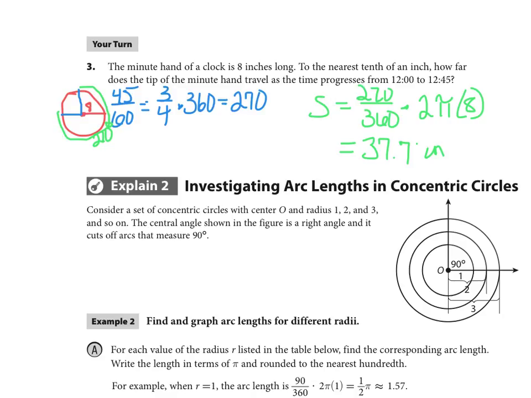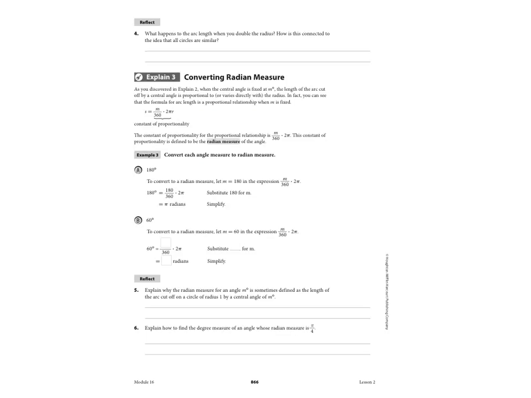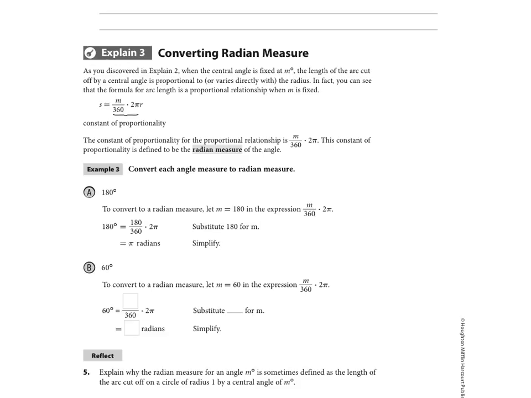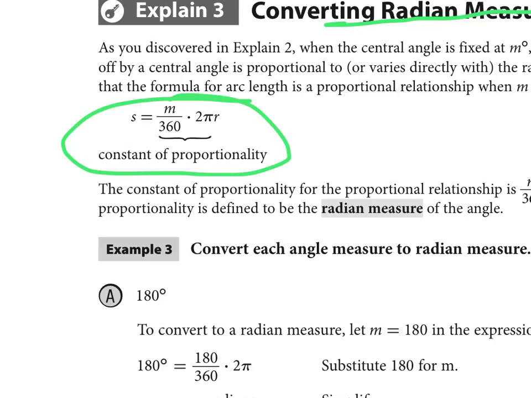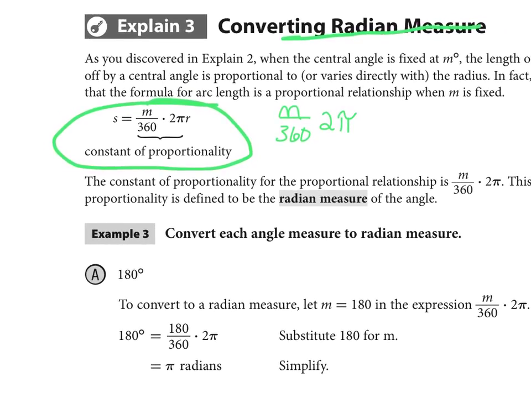On the next page, they're talking about converting radian measure, and at first, you can see constant of proportionality. Okay, and what they mean is this part of the formula is a fixed proportion.